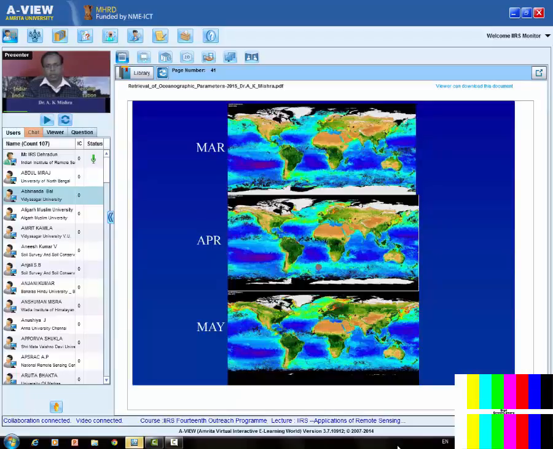And this shows you the progress of the increase of productivity in the water as well as over the land. This is the situation in March where the sun is near the equator, and as the sun is moving towards the North Pole, that is in April, the greenness in the water in the northern hemisphere is changing, and in May it is totally increasing.